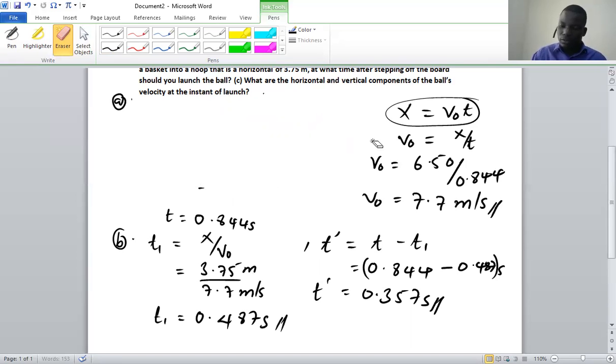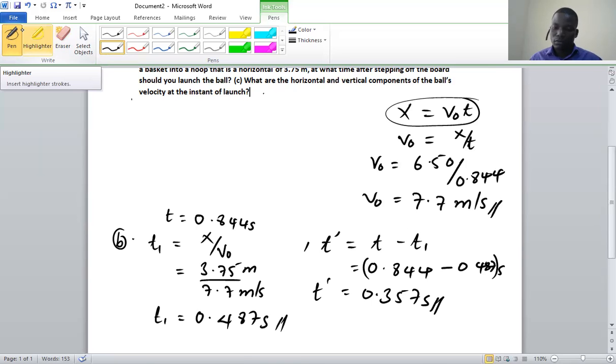So we need just to calculate the vertical component. What are the horizontal and vertical components of the ball's velocity at the instant of launch?